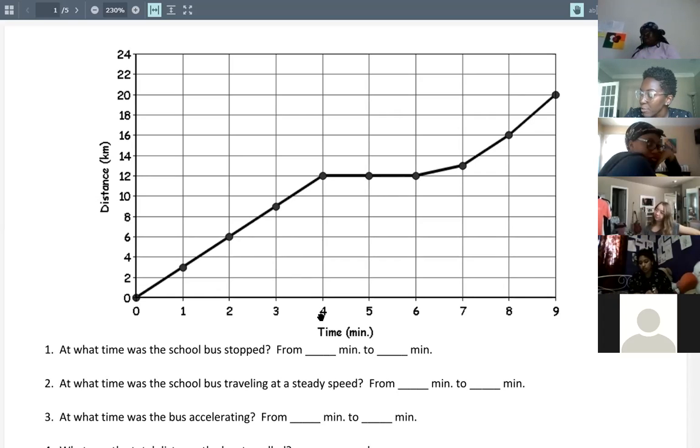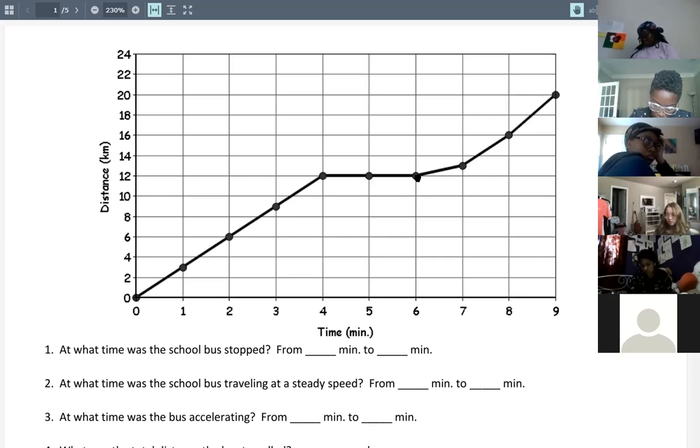All right, so Parker said from 4 to 6 minutes. So if I go up to 4 minutes right here, all the way over to 6 minutes, this bus is not moving. It's at 12 kilometers. It's still at 12 kilometers. It is not moving at this point, okay? So from 4 minutes to 6 minutes, the bus was not moving, okay?